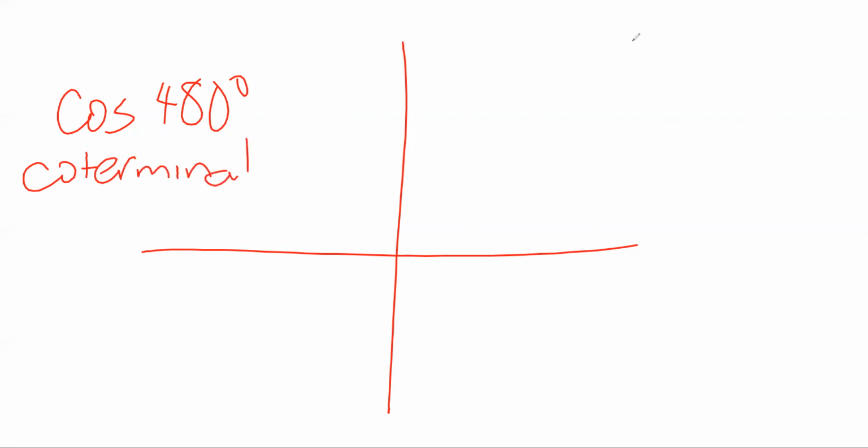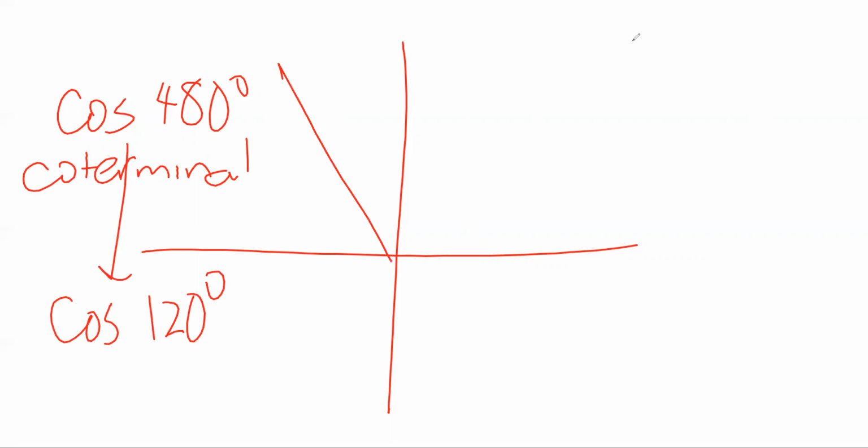And anytime you're in a coterminal angle, there is another angle that corresponds on the unit circle, and that's 120. You get to that 120 by subtracting 360. So now we know that what we're really dealing with is cosine 120.